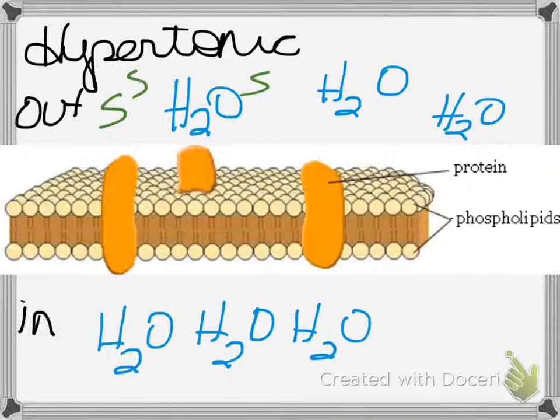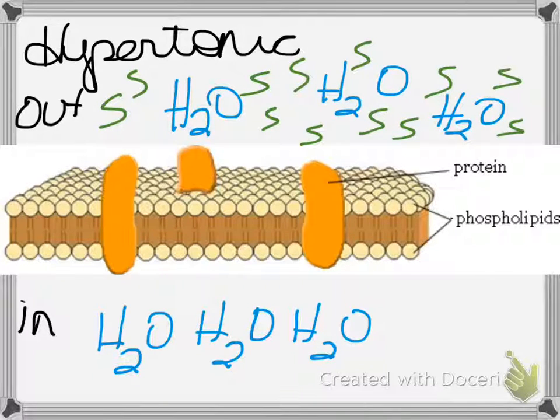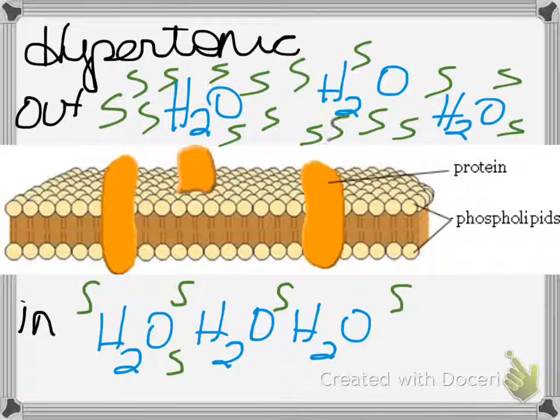So we have lots and lots of sugar outside the cell. This is a concentrated solution. So we have a lot of molecules of sugar compared to water. And on the inside, we have very little solute. So we only have a couple compared to the outside. Let me put some more in there, so we see how concentrated that is.